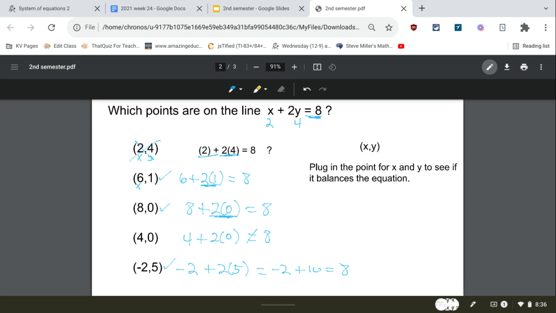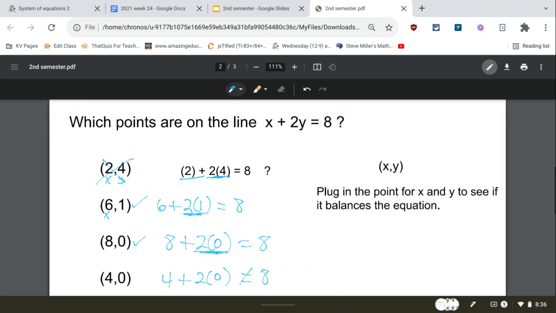Now while I'm here, I might as well mention it. Given 2 points, we could find the slope of this line. We're not going to talk about graphs today, but as long as we know 2 points on the line, we could find the slope of this line. It's important to note that whenever it's in standard form, the slope is not always just going to be this number attached to the x like it was when it was in slope-intercept form.